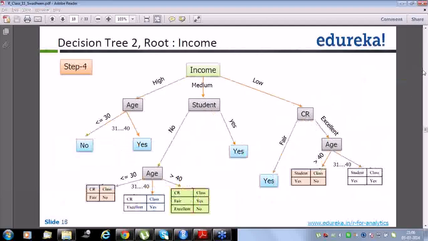Under that situation you need some probability concept or some minimum bucket concept, that I want my tree to take a decision if it has a minimum number of items present in the last bucket, the bucket size.